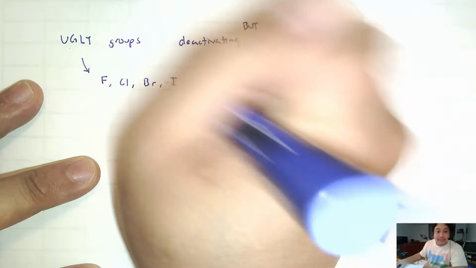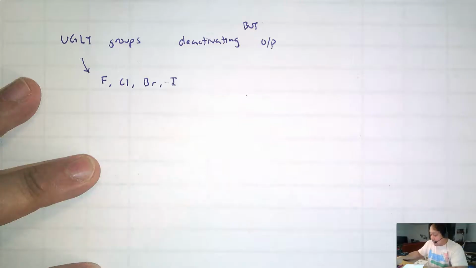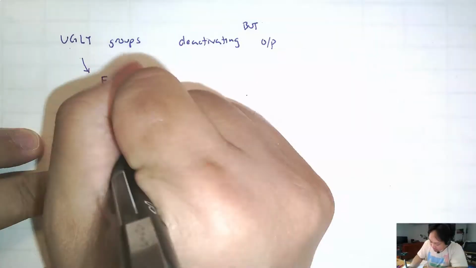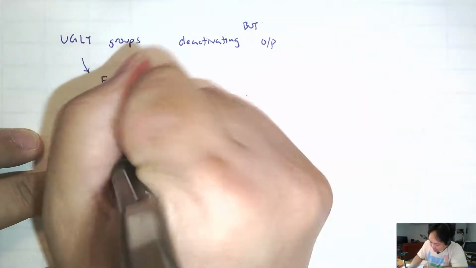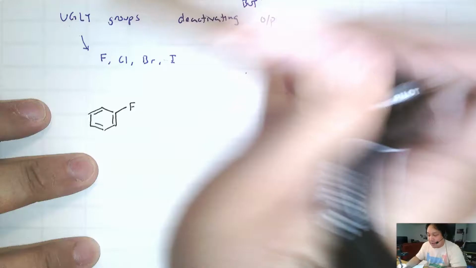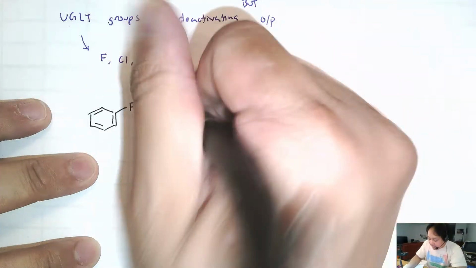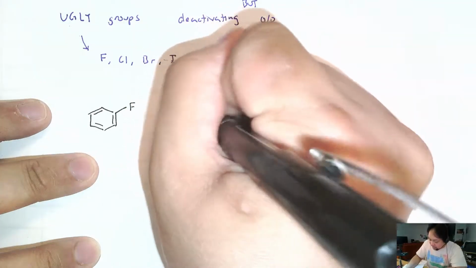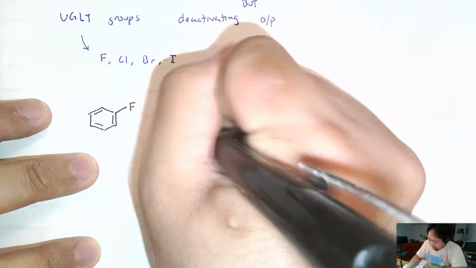F, Cl, Br, I. For instance, if I have fluorobenzene, I'll put the fluorine here, and I have an incoming electrophile, and let's do sulfonation, fuming H2SO4.